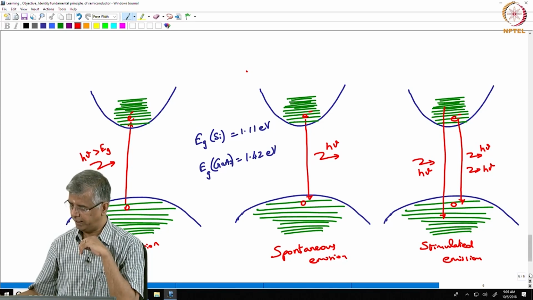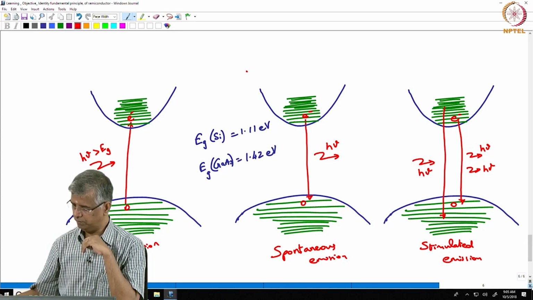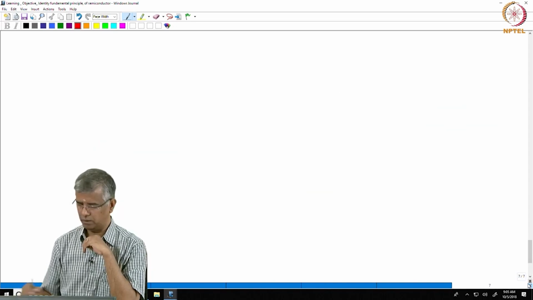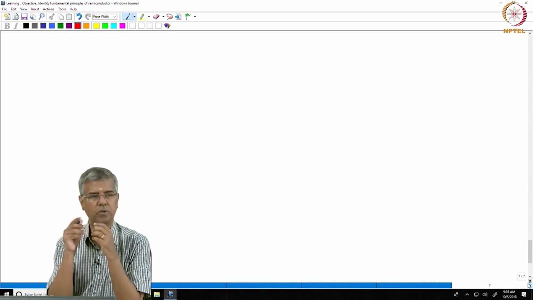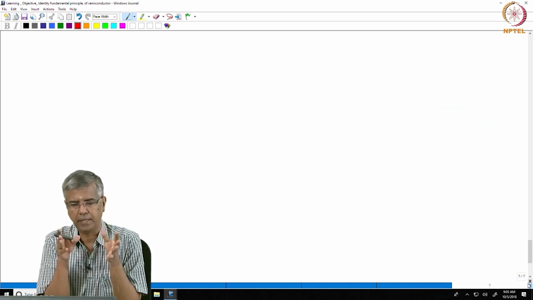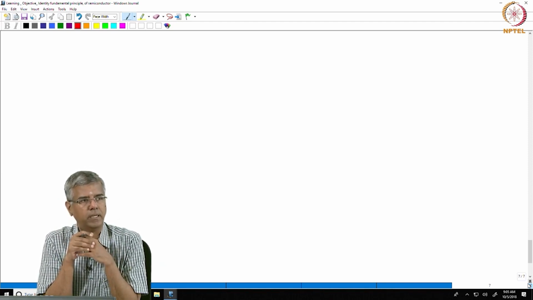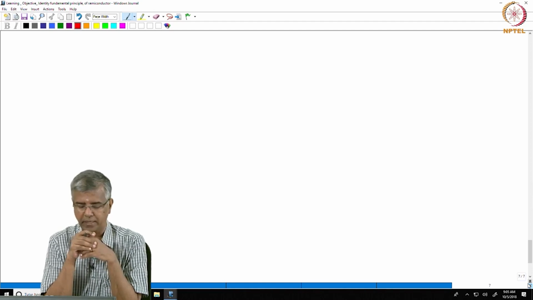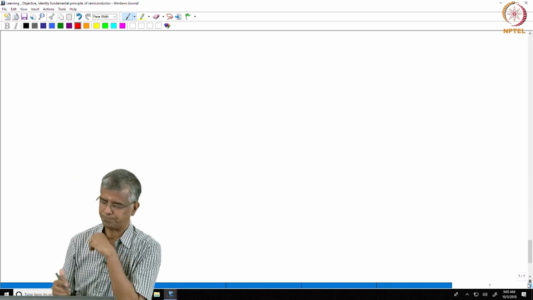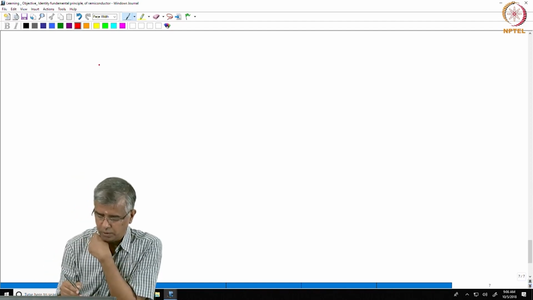So, let us now move forward and start looking at semiconductor light sources in a little more detail. What we will attempt to do today is to understand light emission in a semiconductor light emitting diode. Okay. So, what do we need for that?